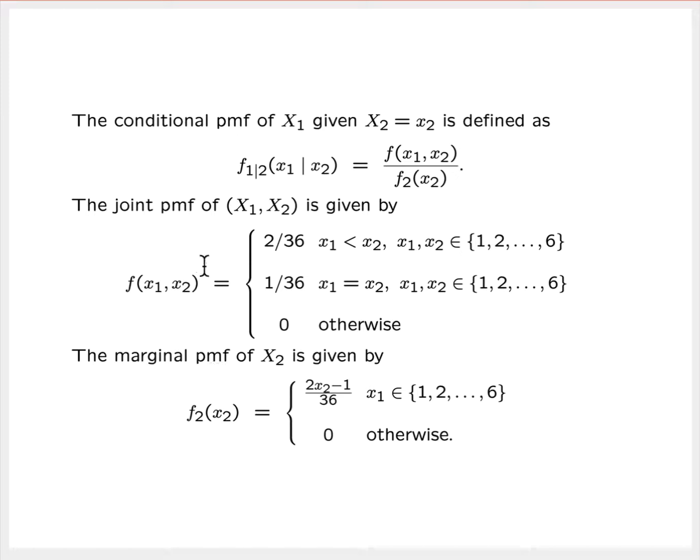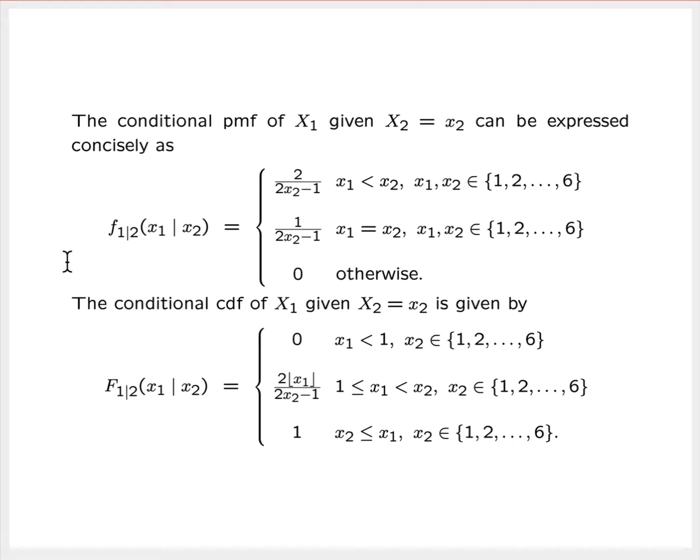So we need to divide this joint PMF by the marginal PMF in order to get this conditional PMF of x1 given x2. And when we do that, this is what we get. The conditional PMF of x1 given that x2 is equal to little x2 can be expressed concisely in the following way.